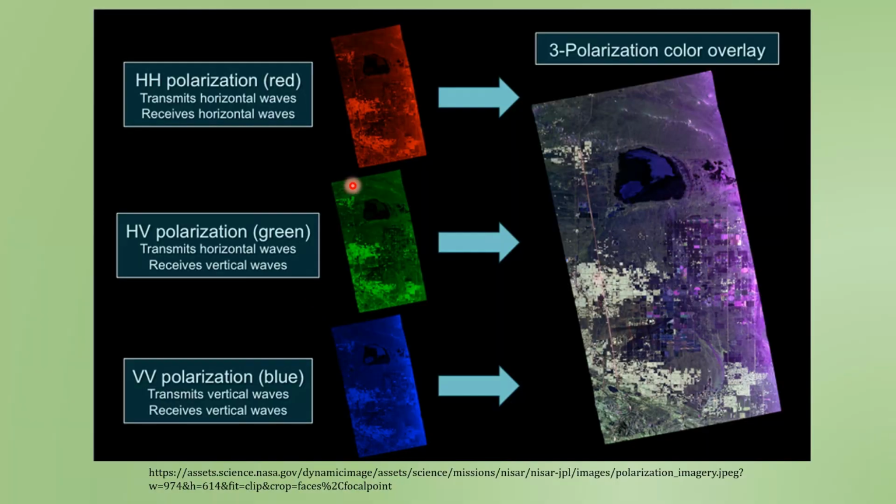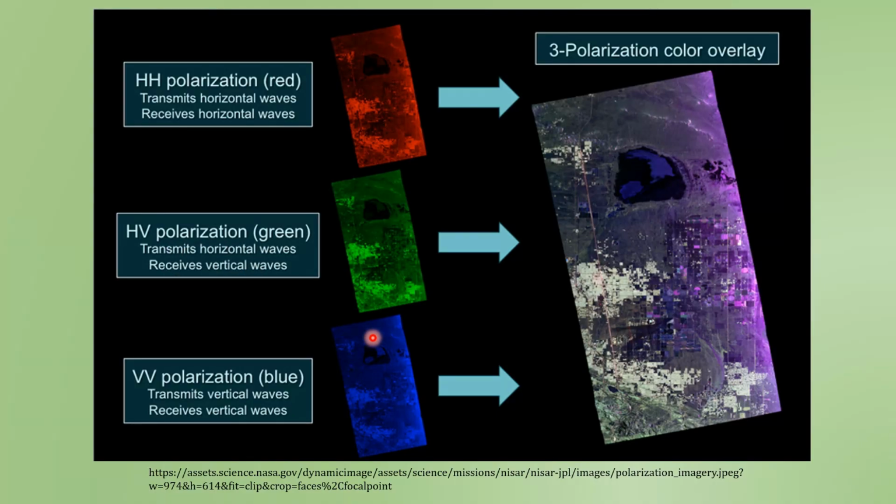If we have data from different polarizations, a color overlay can be generated. For example, the red one represents the HH polarization, meaning the system transmits horizontal waves as well as receives horizontal waves. The green one represents HV polarization, meaning the system transmits horizontal waves and receives vertical waves.